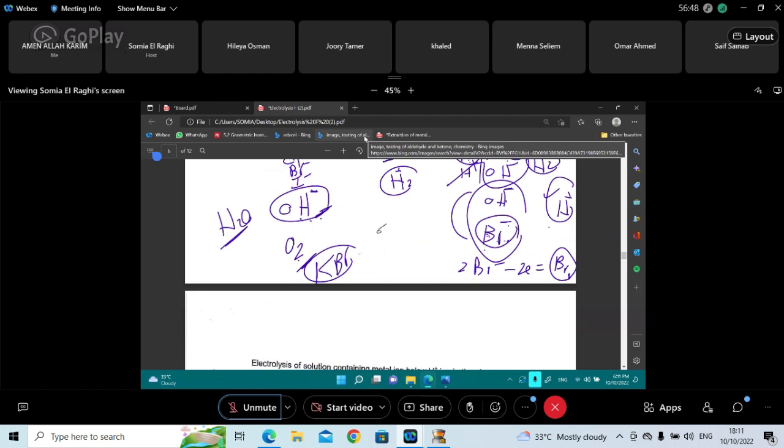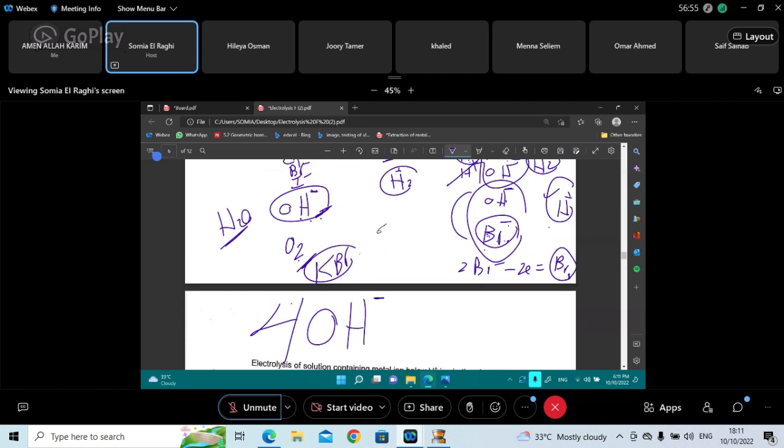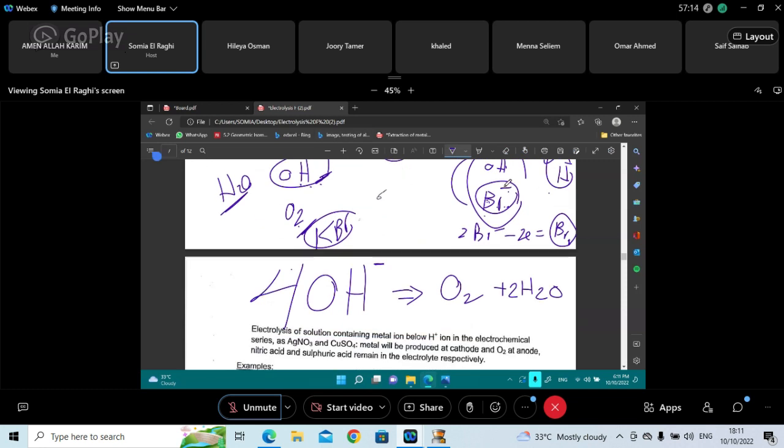I write down the equation, I know it's a little bit hard. 4 particles, I will get 4 OH ions, because I will form oxygen. I will get O2, and also a few water molecules form, 2 water molecules. Now to balance this equation, how many hydrogens are on this side? 4H.